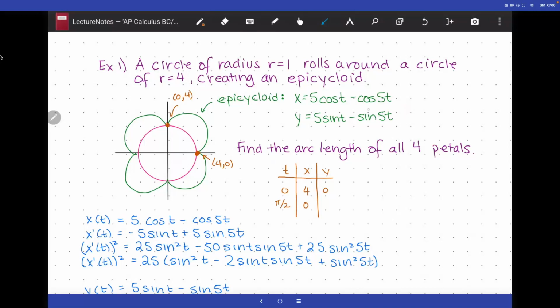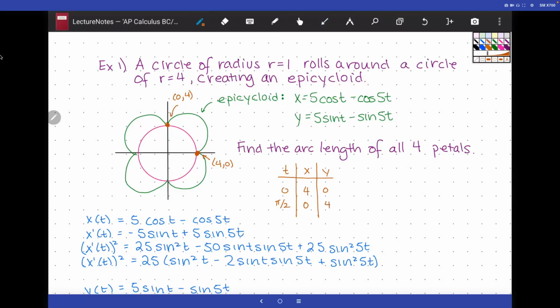Well, we know that sine of pi over 2 is 1, so this term is 5. Sine of 5 pi over 2, that's bigger than 2 pi. So sine of 5 pi over 2 is the same thing as sine of pi over 2, which is 1. 5 minus 1. Oh, it's 4. Look at that.